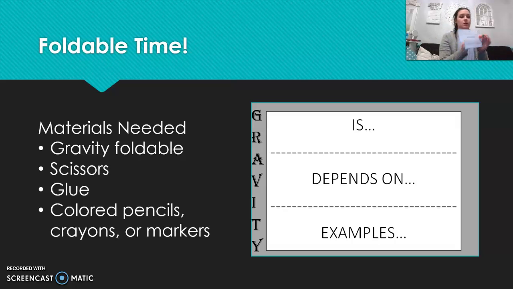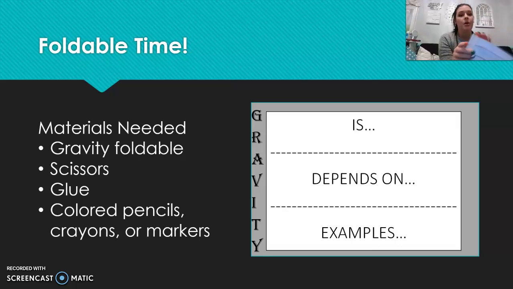On yours, it looks like this one on the slide, but I've already cut mine. On yours, you have two dotted lines. You're going to cut on those two dotted lines, but don't cut all the way across. Then you're going to fold them like this, and you're going to glue the gravity part down. Whenever you glue it down, you have these that open up.